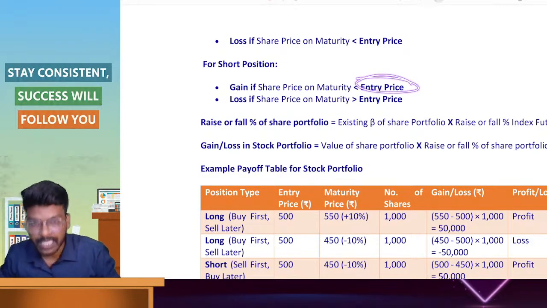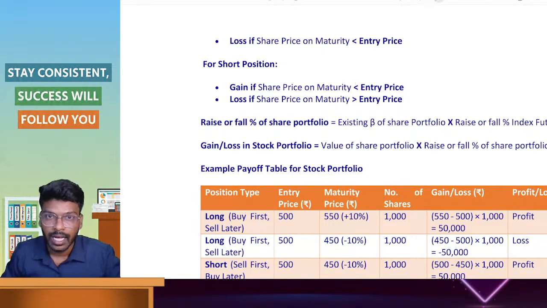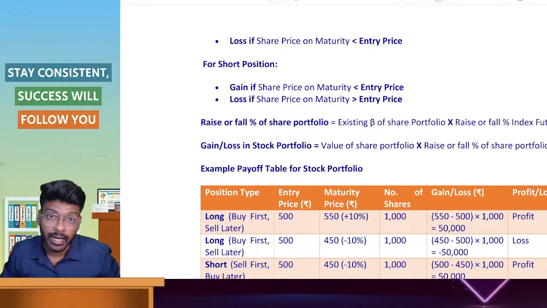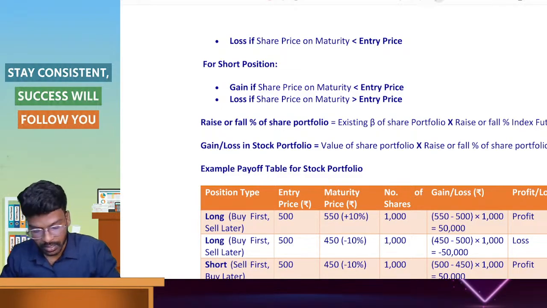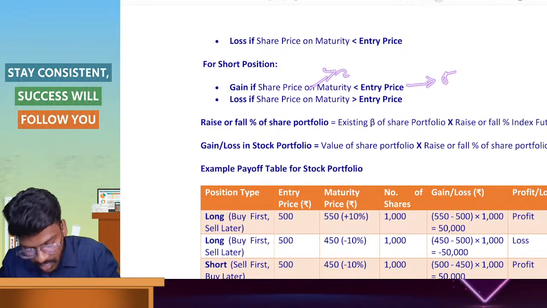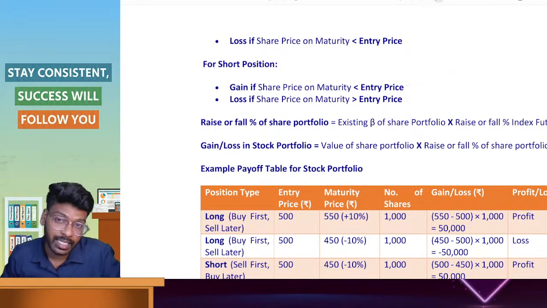So if entry price is more than the maturity price, I will get a gain. If maturity price is more than the entry price, then I will get a loss in case of short position. This is my selling price, this is my cost. Sales minus cost equals gain.